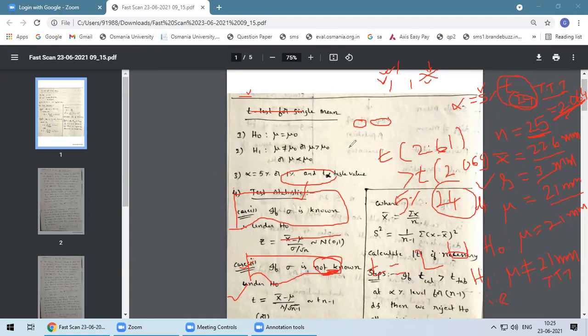If it is greater than, always we reject H0. Therefore, we reject H0. That means you are saying H0 is wrong.